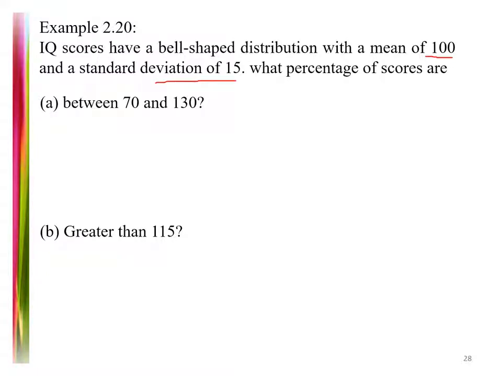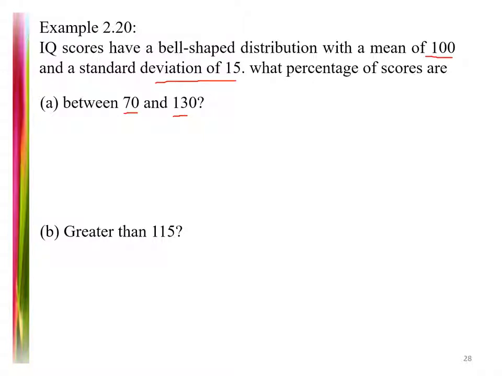So in this case, our question: what percentage is between 70 and 130? Based on this information, the mean is 100, so 100 plus 2 times 15 equals 130, and 100 minus 2 times 15 equals 70. So in this case, maybe we can use the empirical rule, the two standard deviation limit.